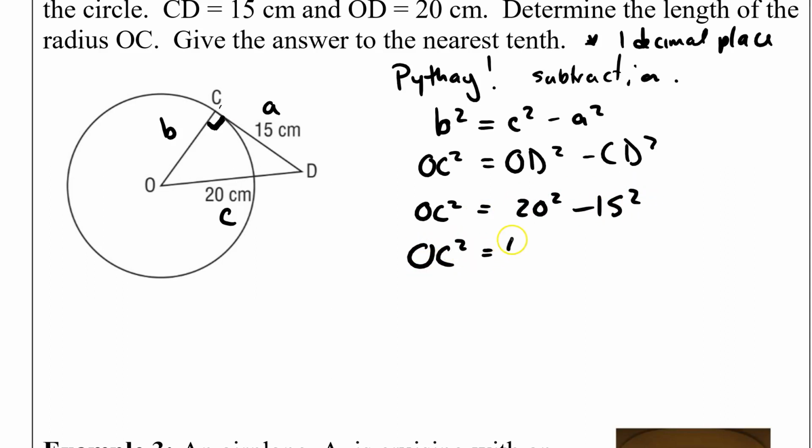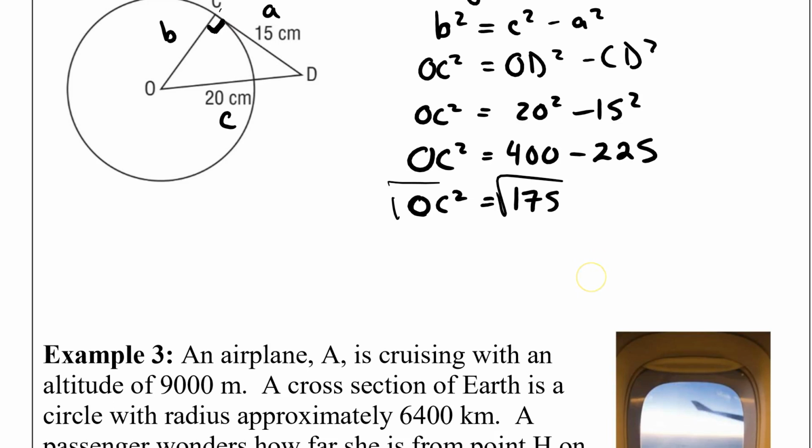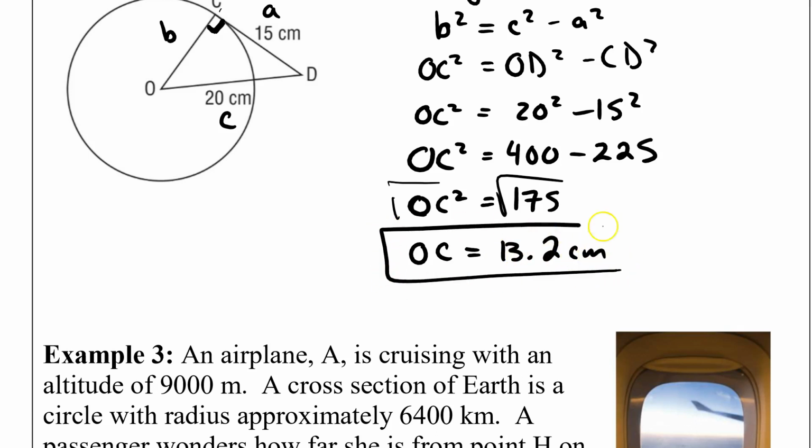OC squared equals 400 minus 225. 400 minus 225 is going to be 175. Now, in order to solve for OC, I'm going to square root both sides. So OC equals 13.2 centimeters. And we're done.